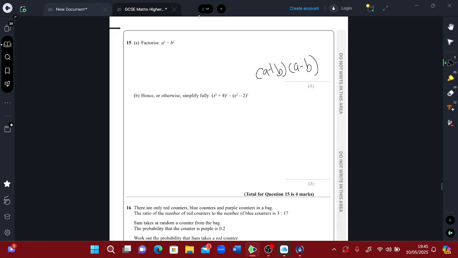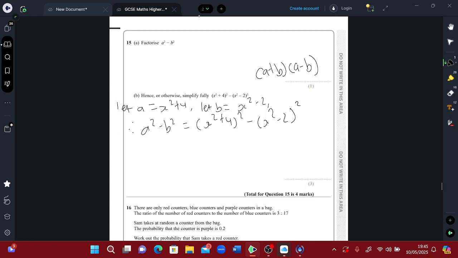So I think if we let A be x squared plus 4, and we let b be x squared minus 2, it would look like a squared minus b squared is this, right? Where this bracket is a, which is squared.